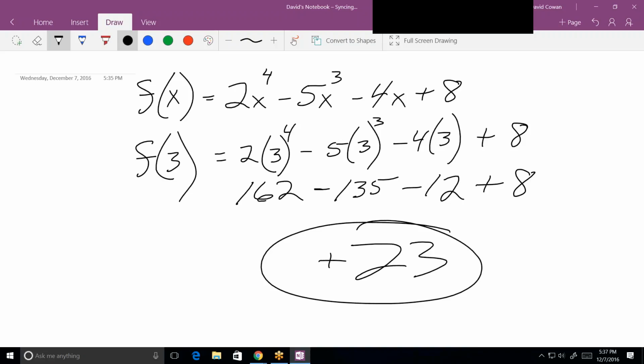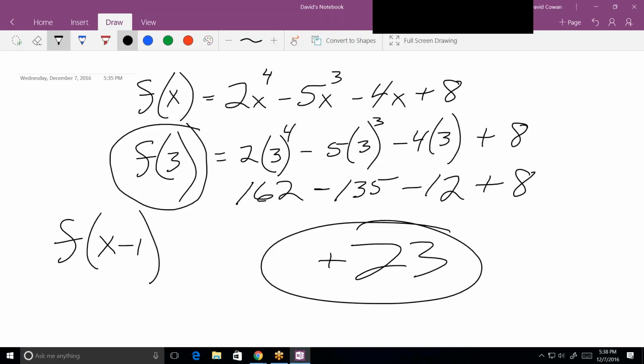And you sure there was no x squared term? This was the right polynomial? Because it is missing an x squared term. I didn't know if that was intentional or you just left off the square. But the key thing is understanding that terminology right there. Or if I were to say, what is f of x minus 1?